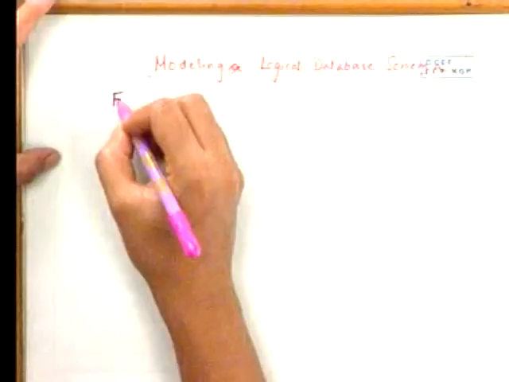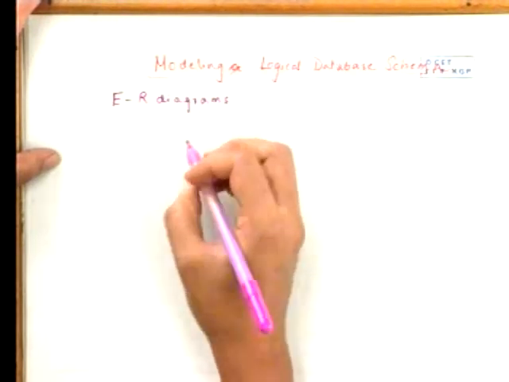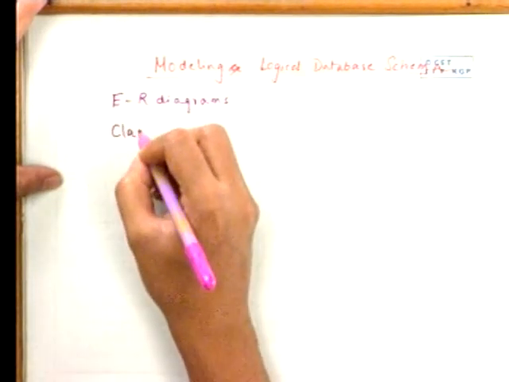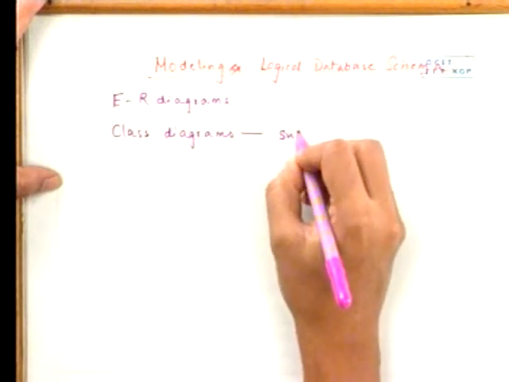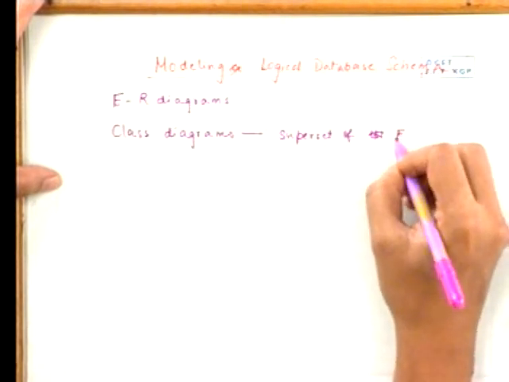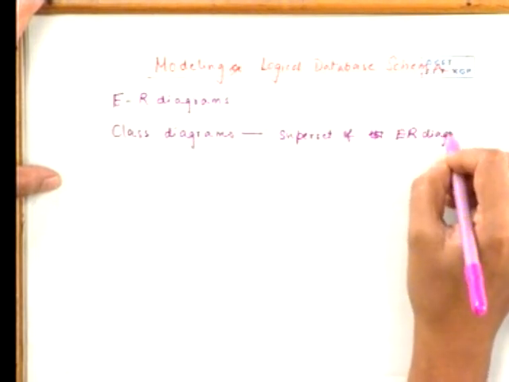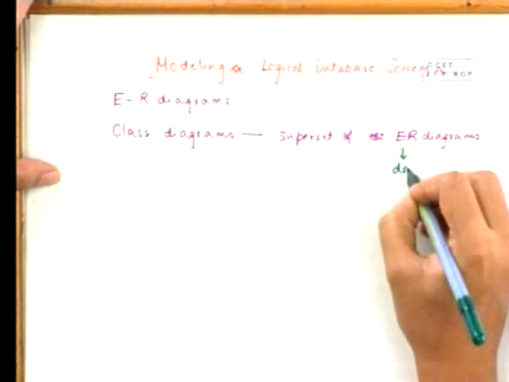The common way of modeling logical database schema, as we may know, is through entity relationship diagrams or ER diagrams. And class diagrams are a superset of ER diagrams. ER diagrams focus only on data. Class diagrams can model data as well as behavioral relationships.